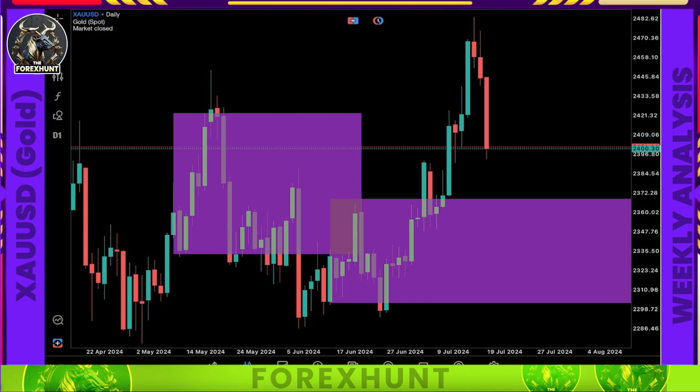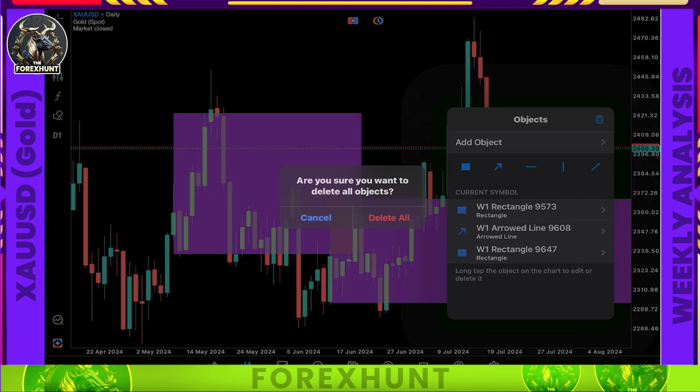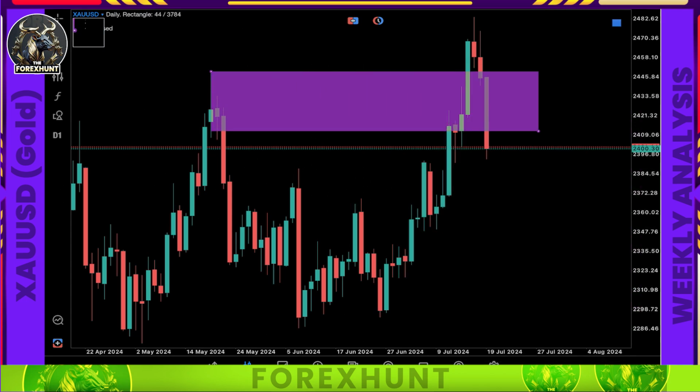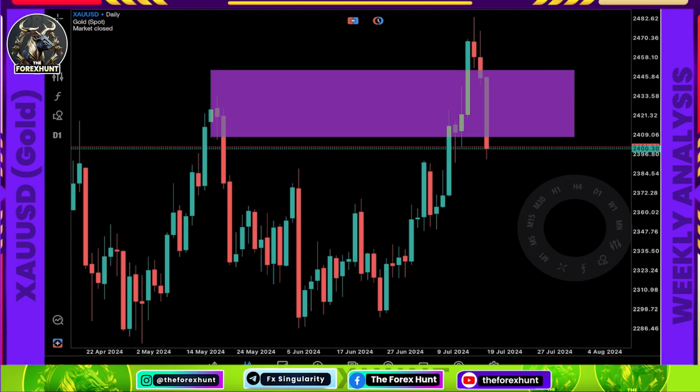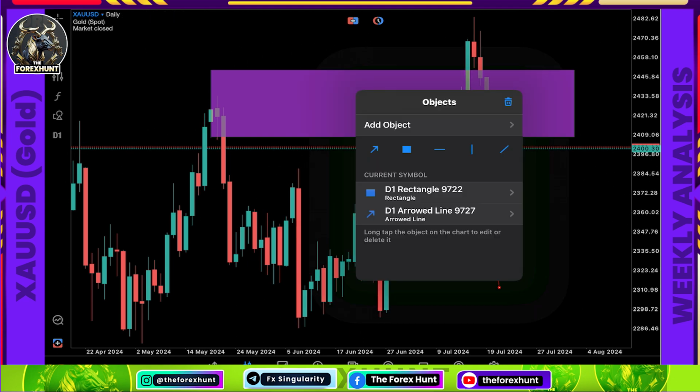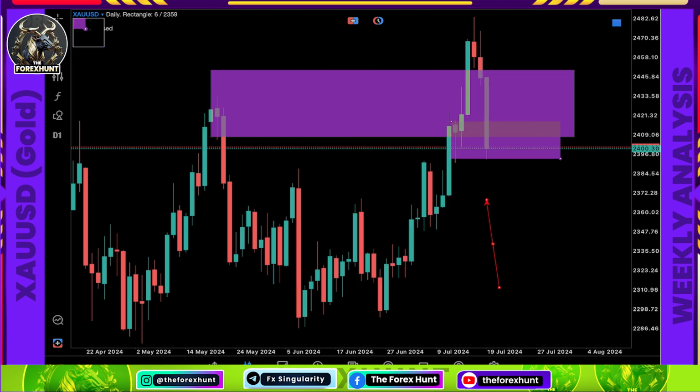Now let's have a look at the daily time frame. As you can see, we have a hidden sell which has formed here, because this is a sell which has failed, and again a daily candle closed below the zone. But there is a buy as well in the daily time frame which can push the market to the upper side.